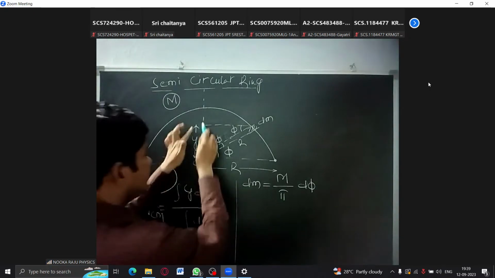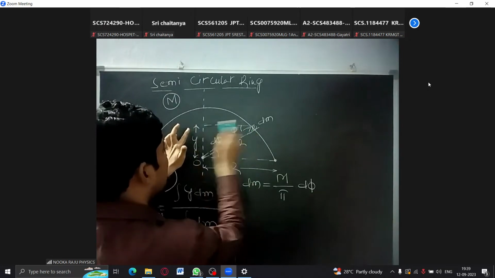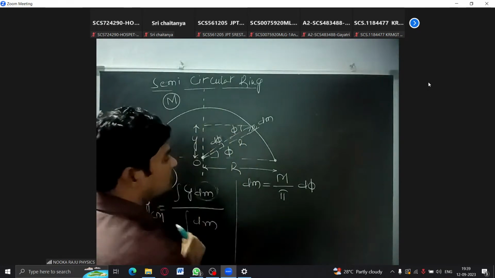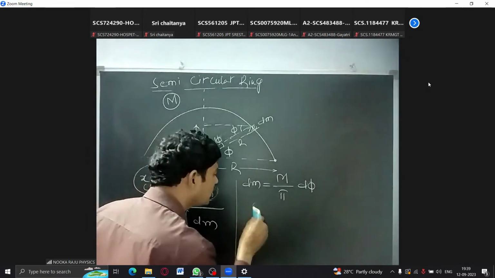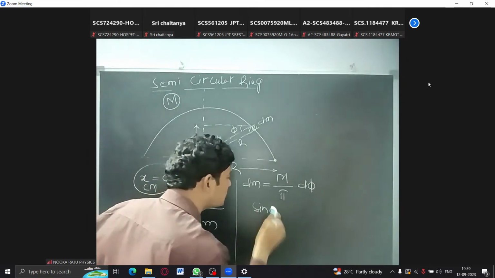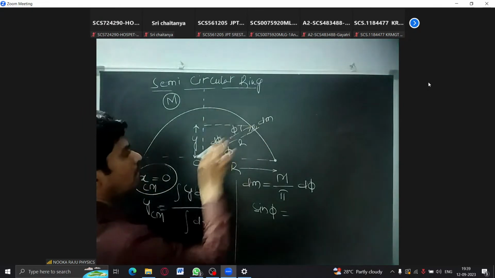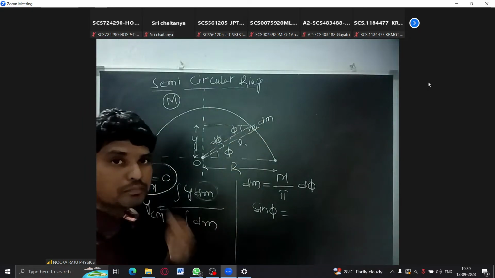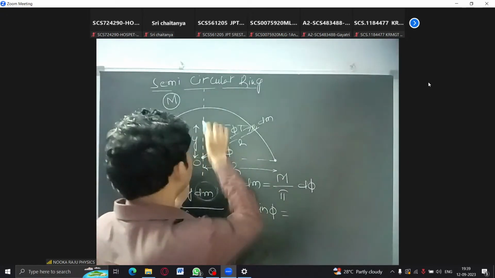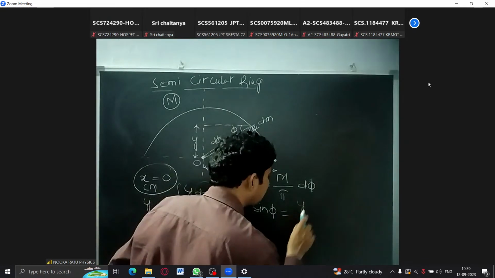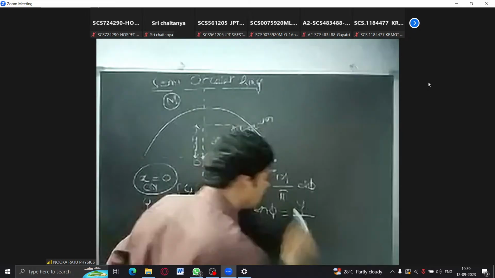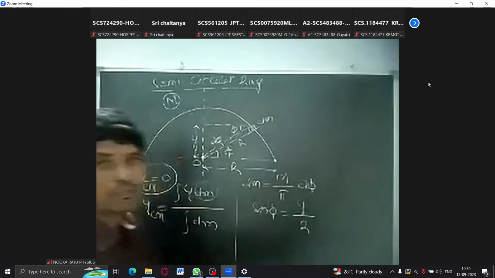Now if you consider sin pi from the given diagram, what is the sin pi value? Sin pi equals opposite by hypotenuse. What is the opposite value? y. The hypotenuse is r. Is it okay?